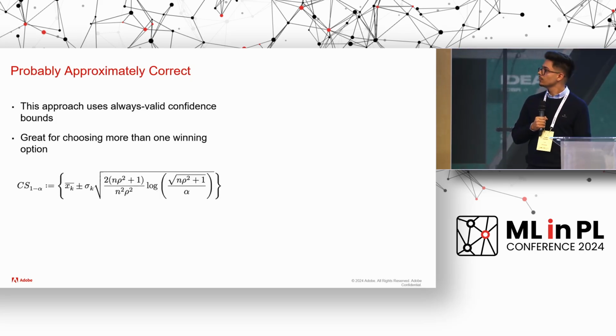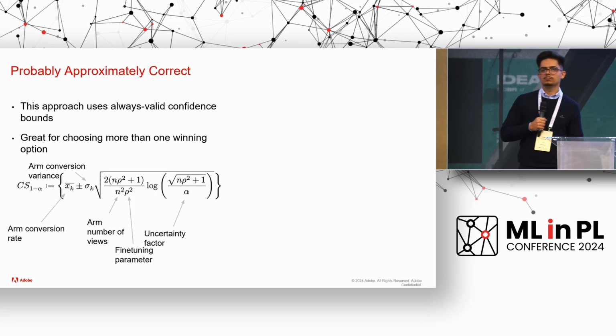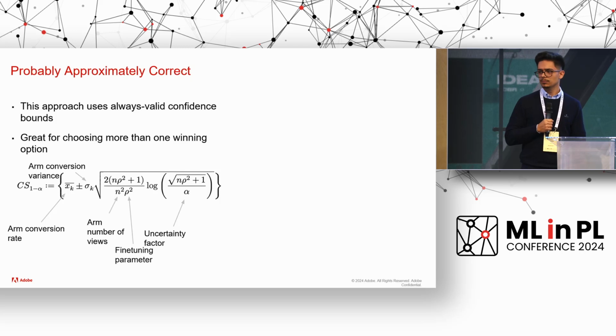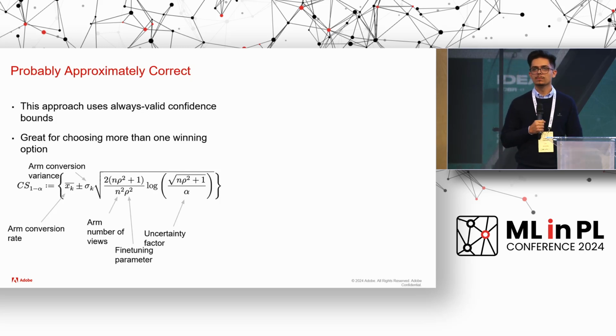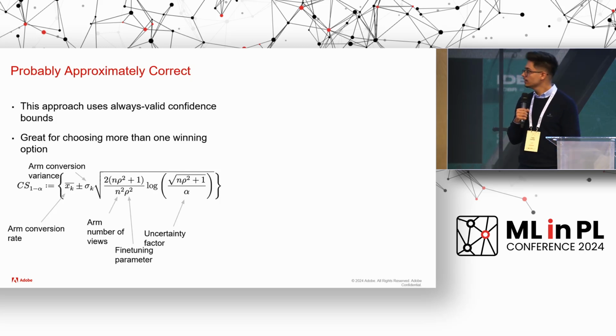This is the formula for the confidence bounds. Basically, it uses conversion rate, obviously, because that's the metric we're looking to maximize. It uses the variance, which is fairly easy to calculate since all of our arms are Bernoulli. It uses the number of views, and it also has an uncertainty factor.